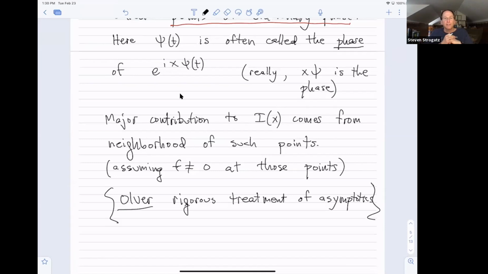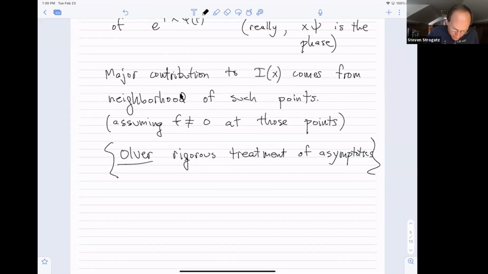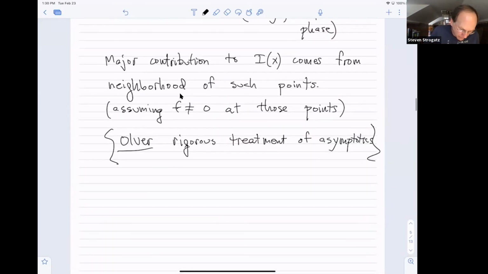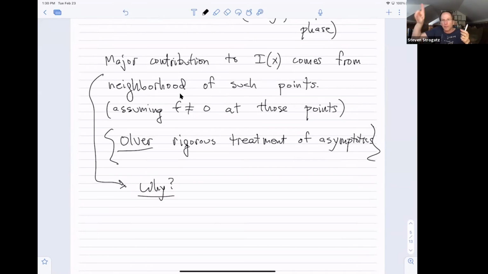Why is it that the major contribution to the integral comes from the points of stationary phase? Why is this true? Well, we need to think a little about what I said earlier: the reason the integral is small in the first place is because of these rapid oscillations that tend to chop up the function into positive and negative parts.